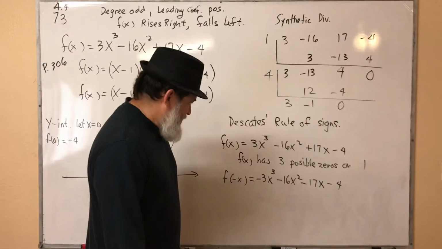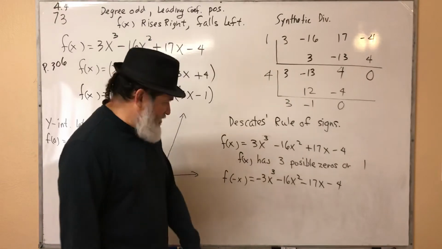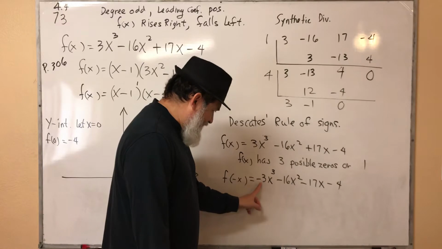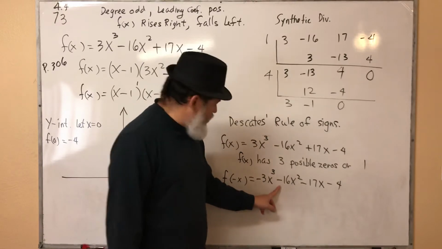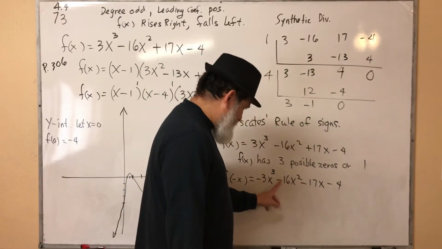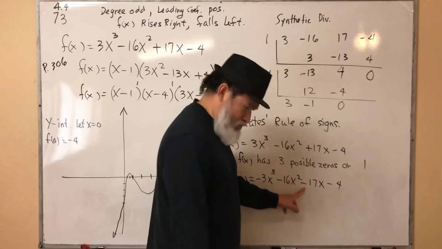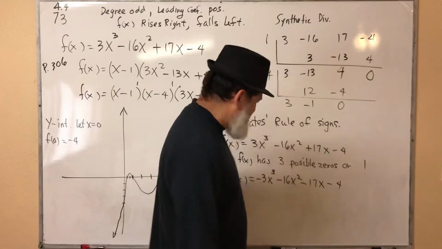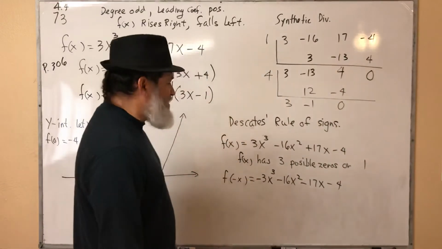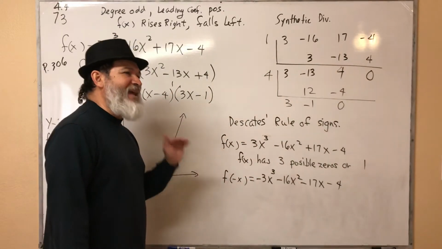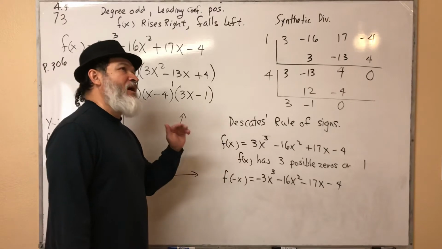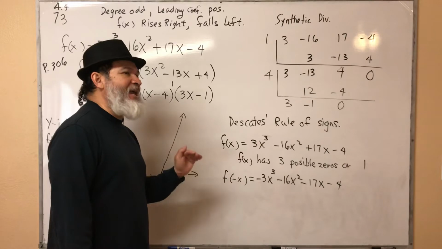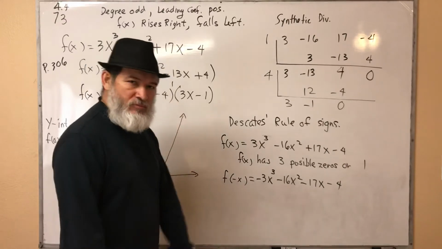So let's look at the variations. From negative to negative, no. From negative to negative, no. From negative to negative, no. So this one has 0 negative zeros.